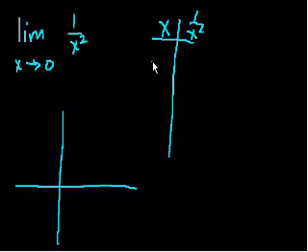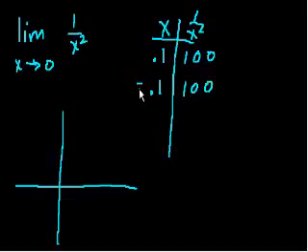So when x is 0.1, 0.1 squared is 0.01, so 1 over x squared is 100. Similarly, if I do minus 0.1, minus 0.1 squared is positive 0.01, so 1 over that is still 100. So regardless of whether you put a negative or a positive number here, we get a positive value.